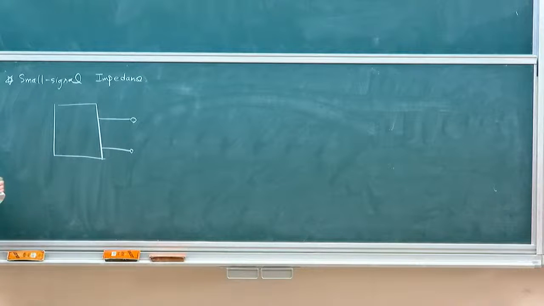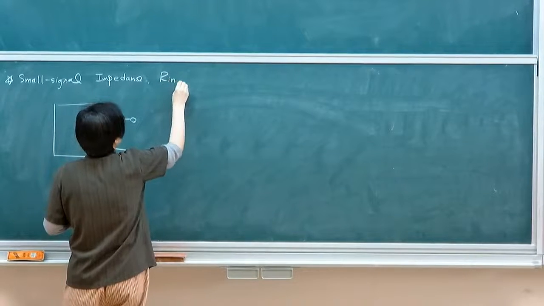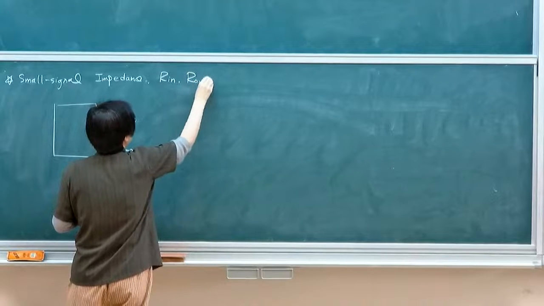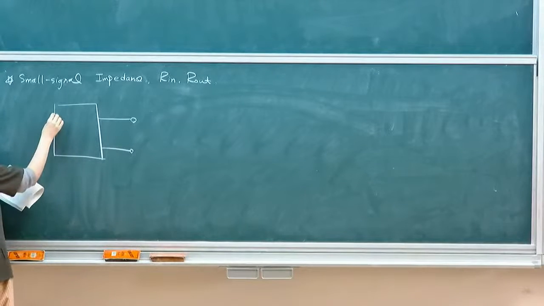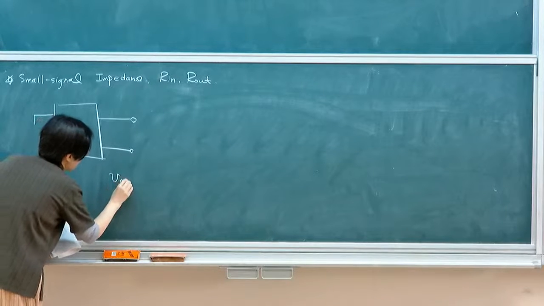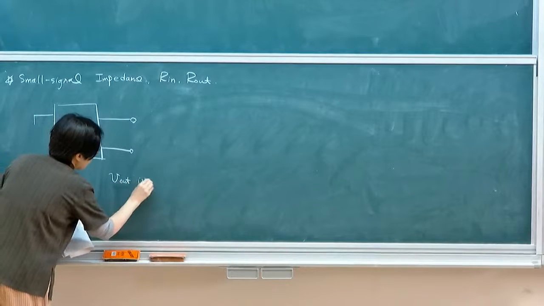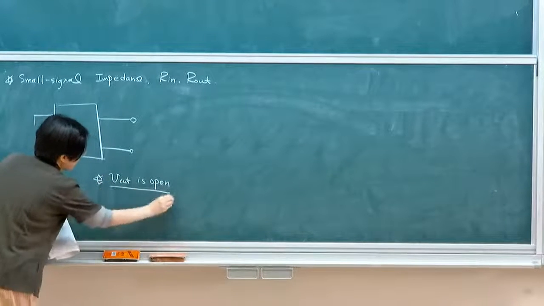So what we're going to do is to find Rin and Rout. How do we find the input and output resistance? The way to do this is to make sure that my output is open. I'm opening my output.